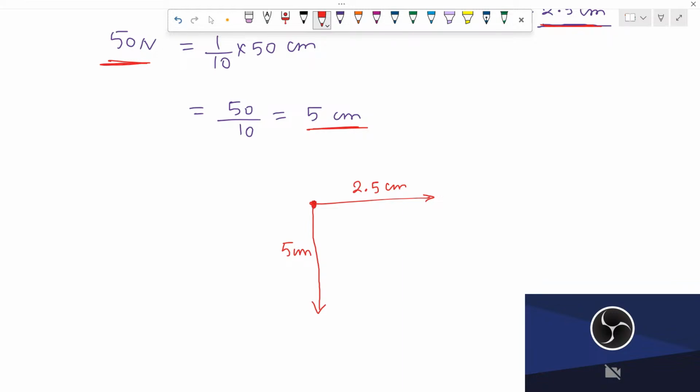From the center point we take 2.5 centimeter, and from the center we take 5 centimeter. Make it clear. Is it clear?